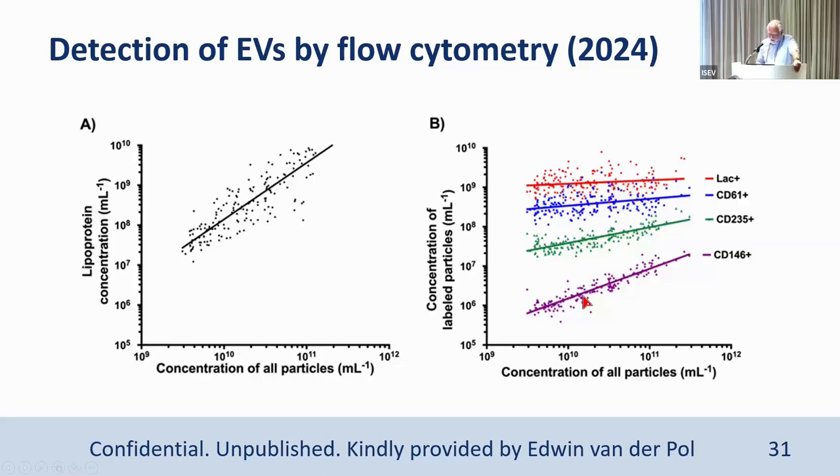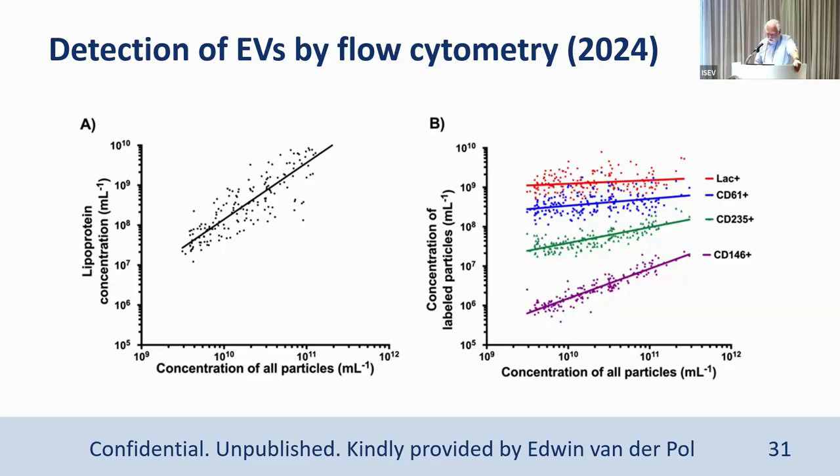But what you see is, for example, especially for endothelial vesicles, there's a very strong correlation between the total number of particles and the concentration of labeled particles. So the concentration of endothelial vesicles is very low, but there seems to be a very steep relationship, a very nice correlation with the total number of particles, suggesting that perhaps we are staining lipoproteins here rather than vesicles.